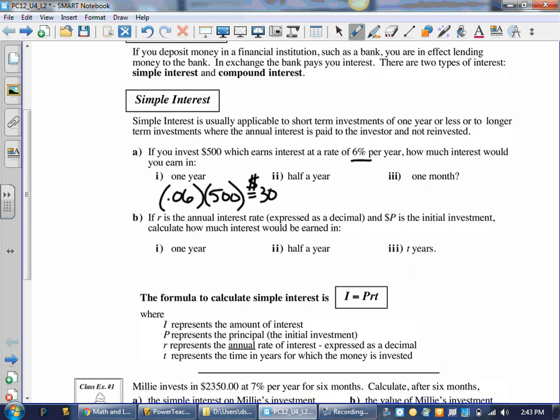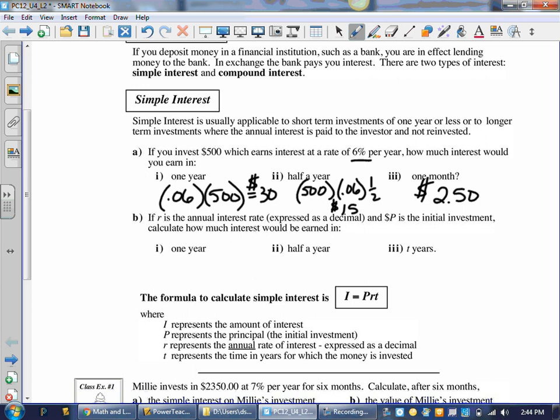In half a year, you would just take the 500 times the 0.06, cut it in half, and you get $15. Similarly, in a month, you would just take your 30 and divide it by 12, and you get $2.50. Okay. No extra interest being earned.